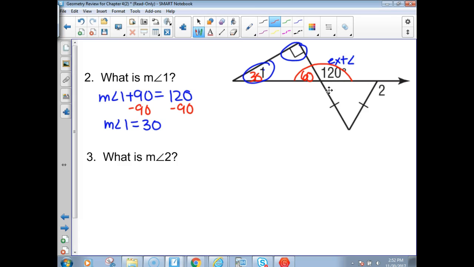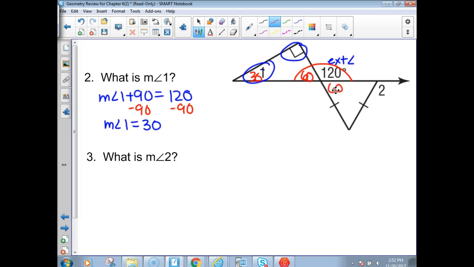Well, if that's 120, what's this angle right next to it also? Yeah, there's a straight line. So let's use that linear pair idea. So those are 60, and it makes sense that these are 60 because they're vertical. And there's one little thing here: we talked about isosceles triangles, but we're going to fill in that ISN today about isosceles.